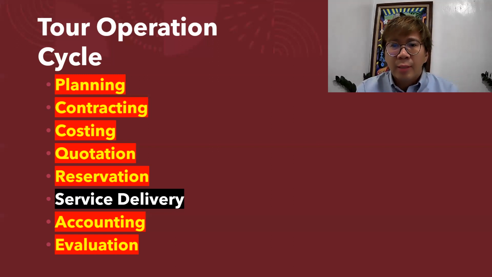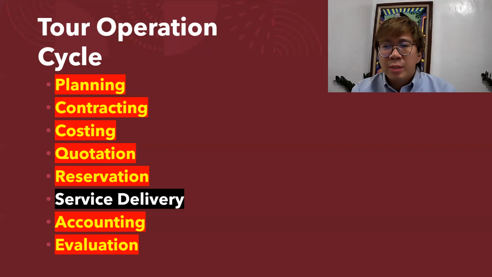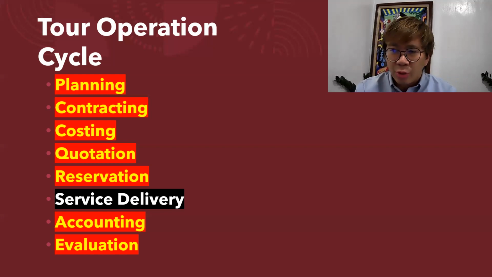Okay. Now, after that, of course, the service delivery. As you would notice, most of them are highlighted in red and one is highlighted in black. So it emphasizes that service delivery is performed outside the confines of the office. As they say, 80% of the time that we spend for reservation is spent inside the office.